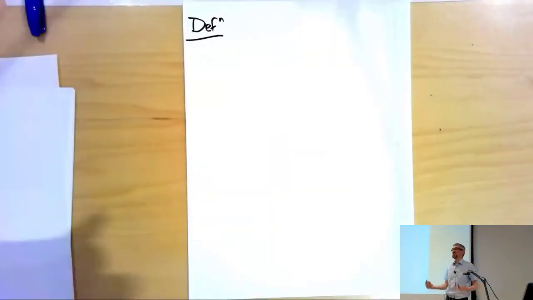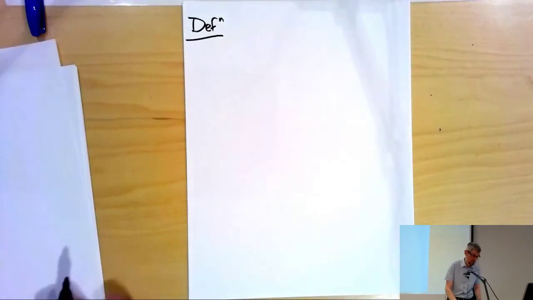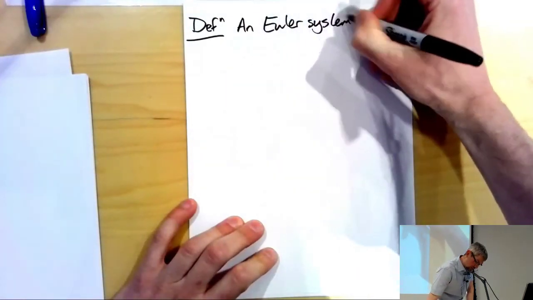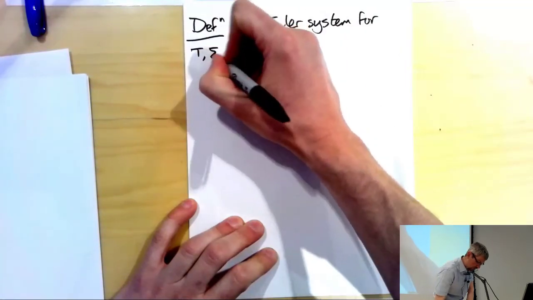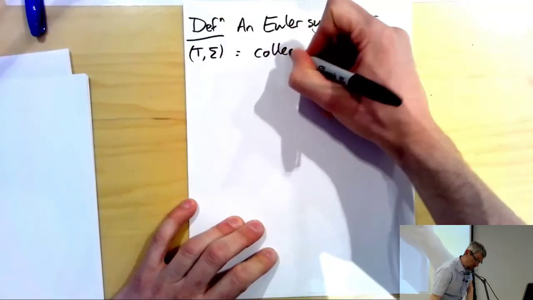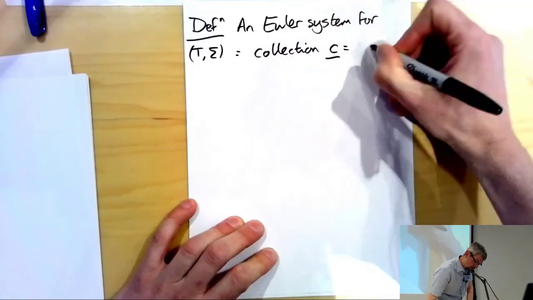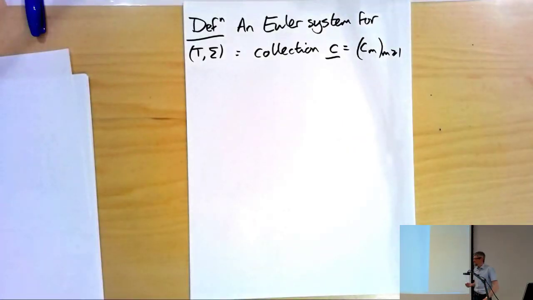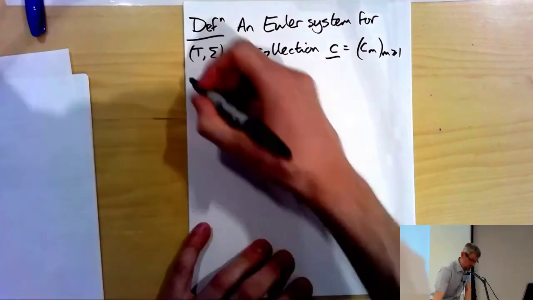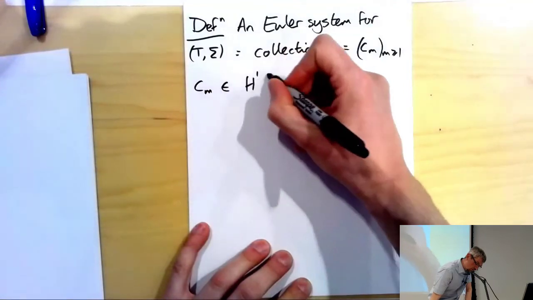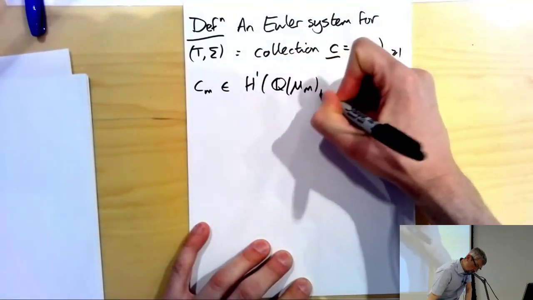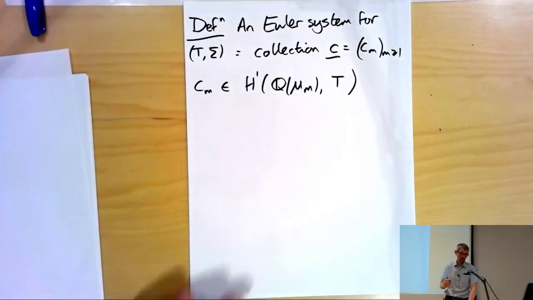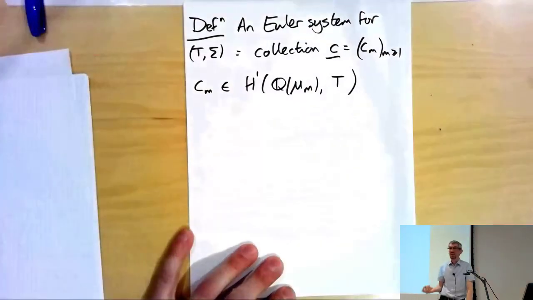I'm going to want to control denominators, so I want things to land in a lattice inside V. So it's going to be a collection of classes c_m, indexed by integers m at least one, where c_m is a cohomology class for T over the m-th cyclotomic field. And there's got to be some relation between these, which is why I gave you the co-restriction maps.